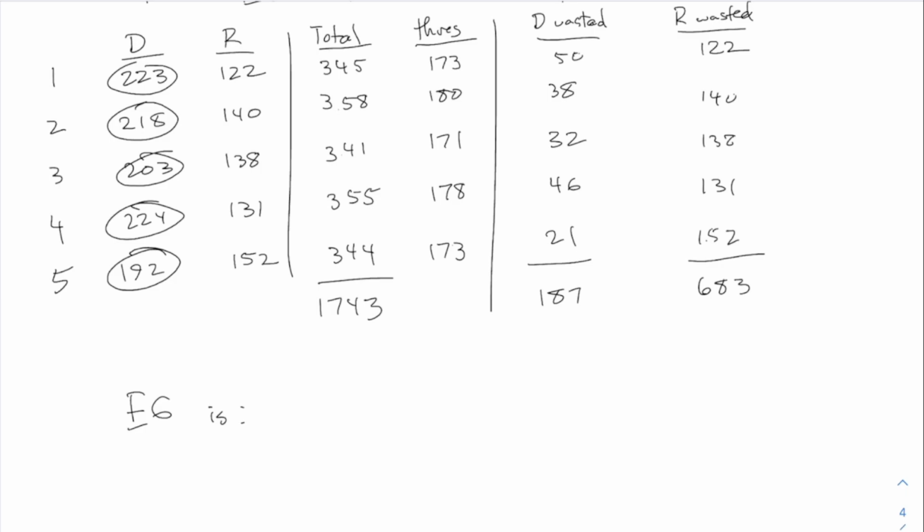So it's 683 minus 187, dividing by the total, 1743. This, if you do the subtraction, is 498, I think. And down here is, oh, it's the same. Copying from my paper. All right, this is about 28% if you do the division.